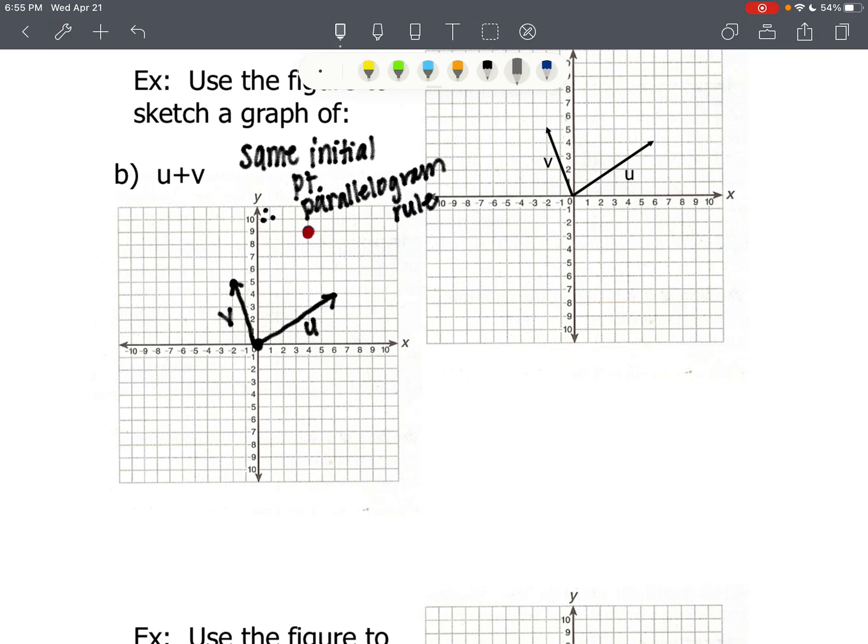So now we can become much more precise in drawing our parallelogram. And the sum, remember with the parallelogram, the sum is going to have the same initial point as the two vectors that we're adding, and it's going to end up being the diagonal of the parallelogram, and that is u plus v.